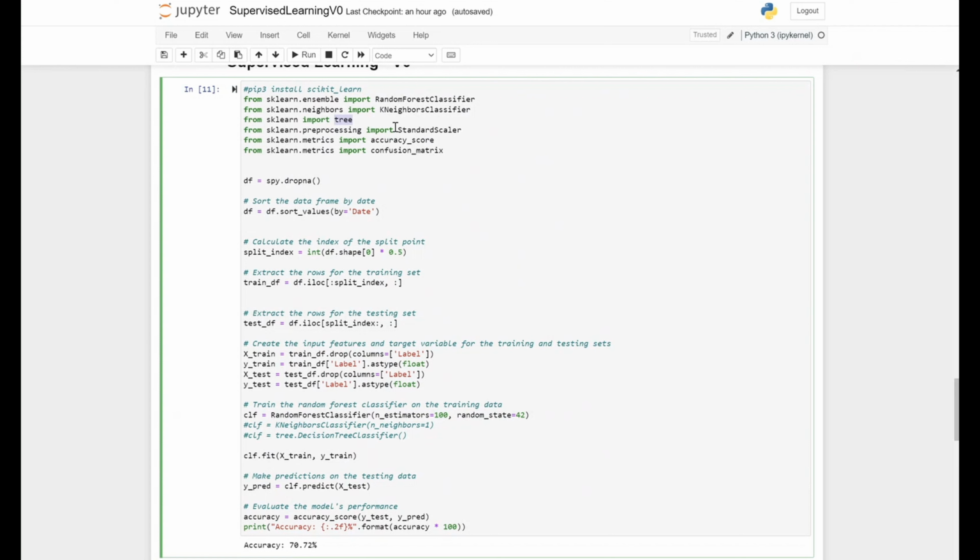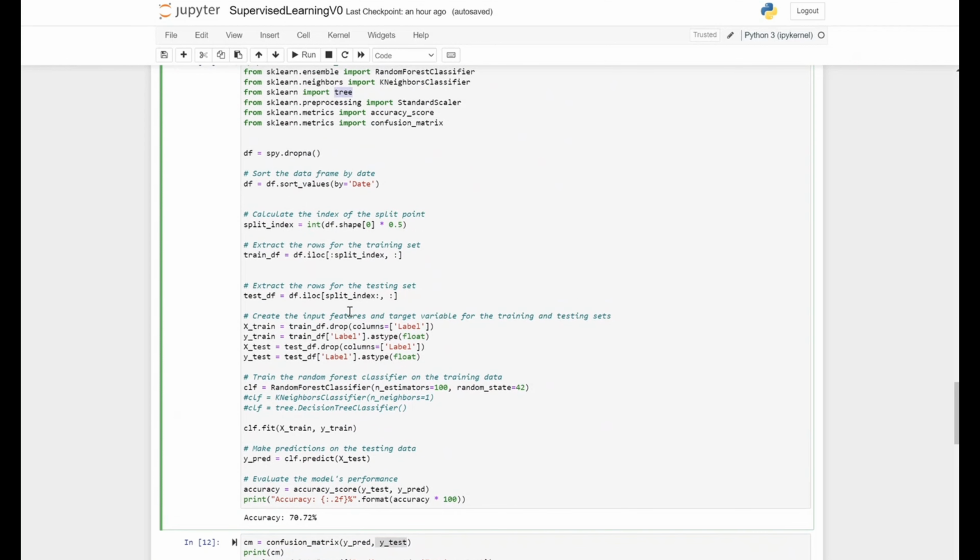So in order to use a different type of supervised learning model, it's actually very easy. We just used the nearest neighbor and the decision tree as examples. You can use other models in the same manner, like support vector machine or logistic regression and so on. For example, I want to use a decision tree instead of random forest.